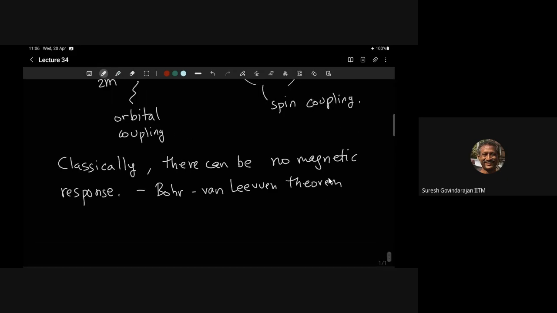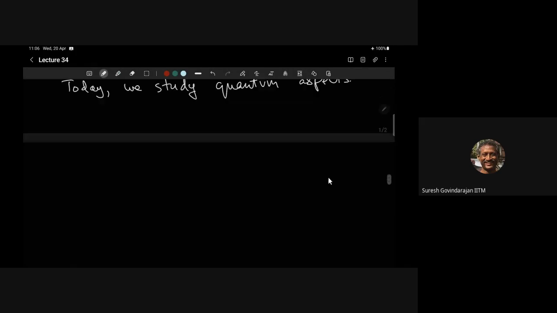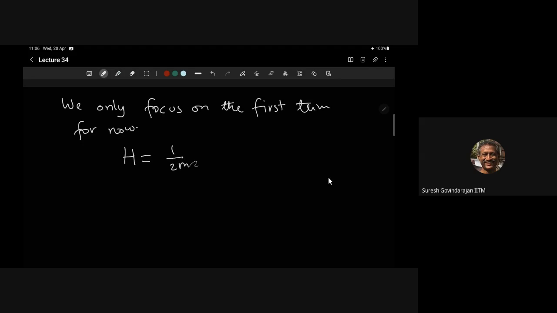So today we study quantum aspects, and further we only focus on the first term for now. So H for us will be just 1 by 2m.